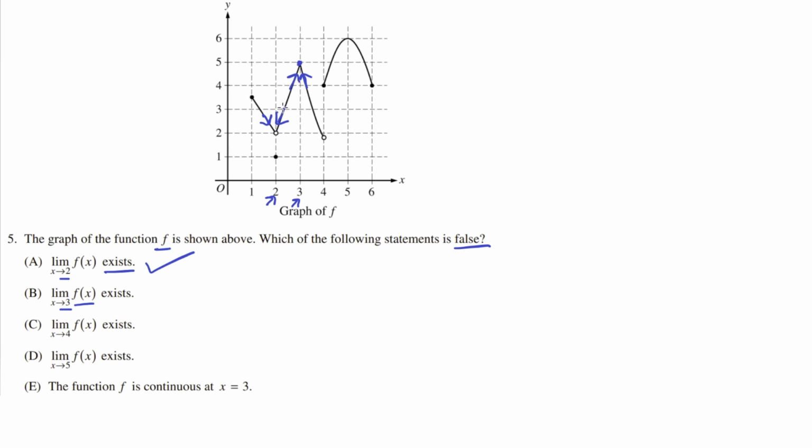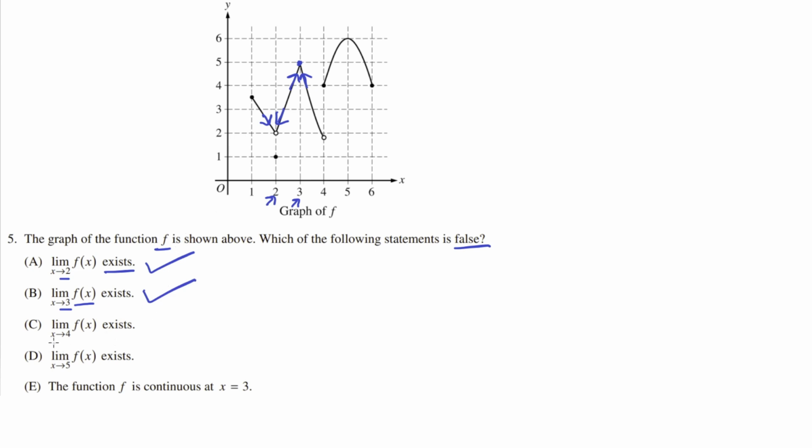From the left, we see that this graph is approaching a y value of 5. And from the right, we also see that this is approaching a y value of 5. So as x approaches 3 from both sides, from the left and from the right, both approach the same thing. So that means this limit exists as well.